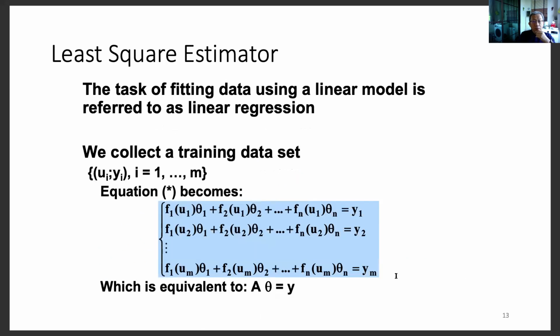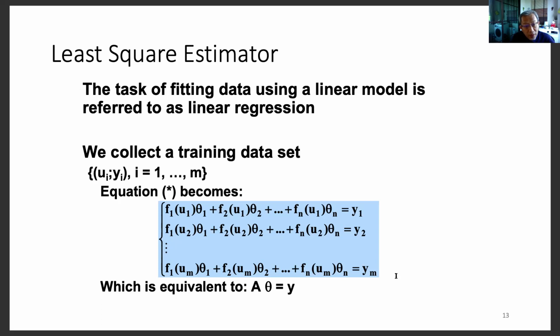So the task is to fit the data using a linear model. It's referred to as linear regression, as I showed you before, for 100% and 90% best fit. So the model, the red line, which is the fit, tries to fit the data as well as possible. That we call linear regression.